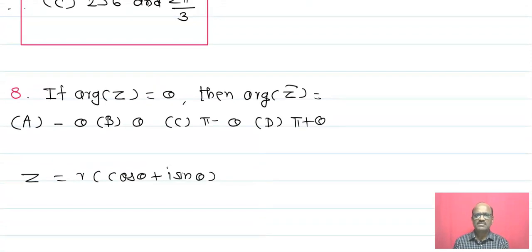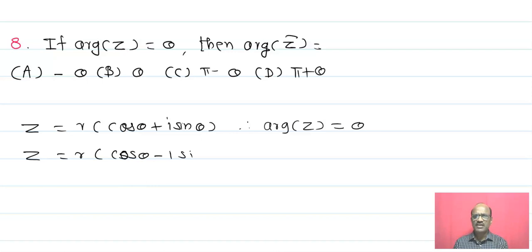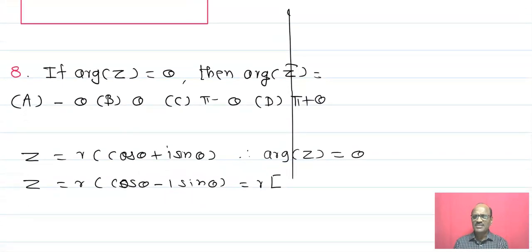Now see this here. That is z is equal to r times cos theta plus i times sin theta. Argument of z is equal to theta. Next, z bar is equal to r times cos theta minus i times sin theta.